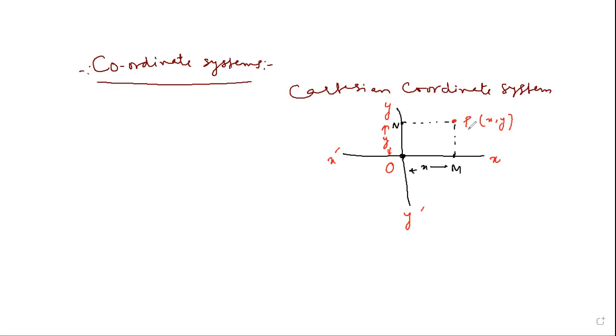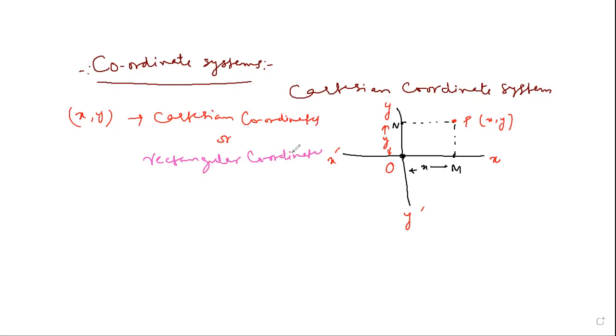These x, y coordinates are called Cartesian coordinates, or we also call them rectangular coordinates, right?